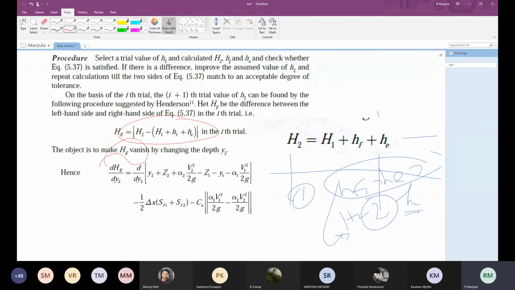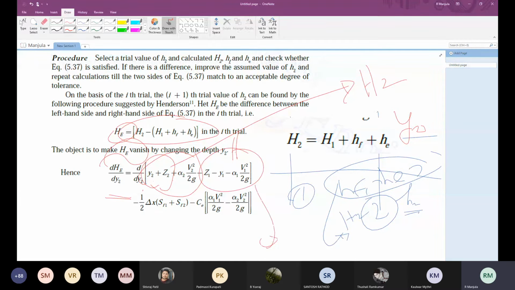The objective is to make the error zero by changing the depth y2. Now if you differentiate this error with reference to y2, the depth at section 2, d by dy2 is equal to, y2 plus z2 plus alpha 2 v2 square by 2g, which is nothing but H2. And minus H1, which is z1 plus y1 plus alpha 1 v1 square by 2g.